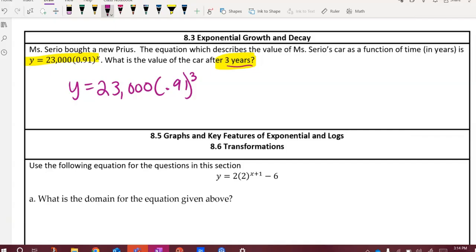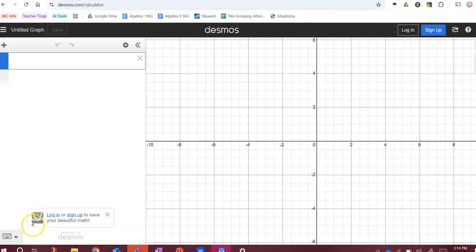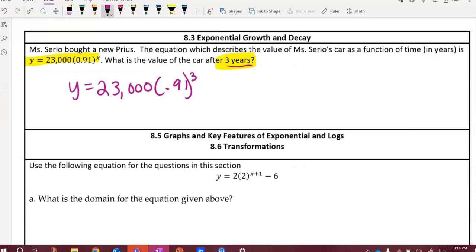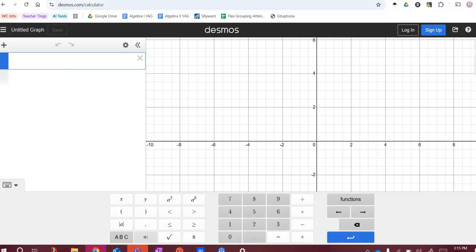Now to solve this, all we need to do is type that in the calculator. The equation we're plugging in, 23,000 times 0.91 to the 3. 23,000 parentheses 0.91 to the 3.